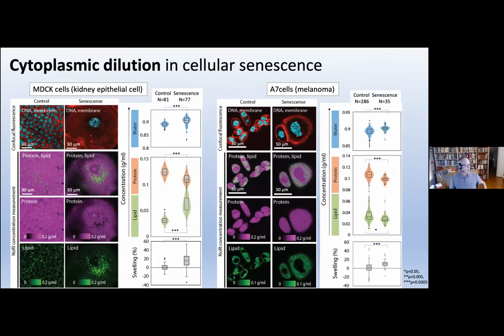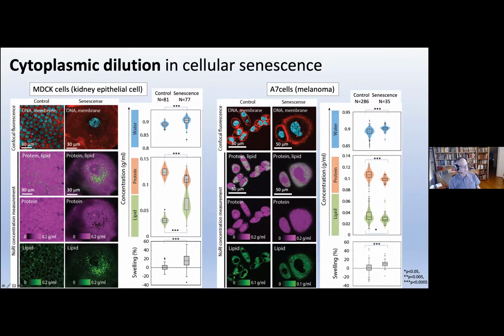A lot has been said about cell dilution and senescence. A lot of it, I think, is wrong and is due to poor measurement, but you can see when you look at lipid as well as protein, you see quite different things. For example, in the MDCK cells, which are induced to senesce, you see a drop in protein concentration, as shown on the left here.